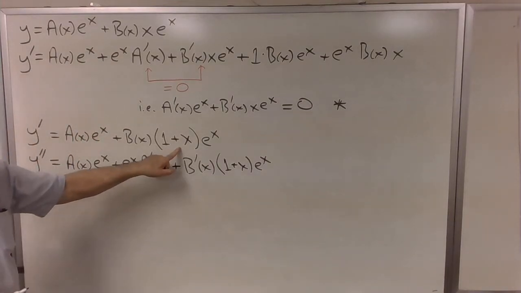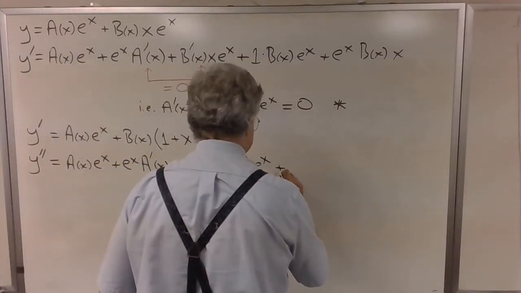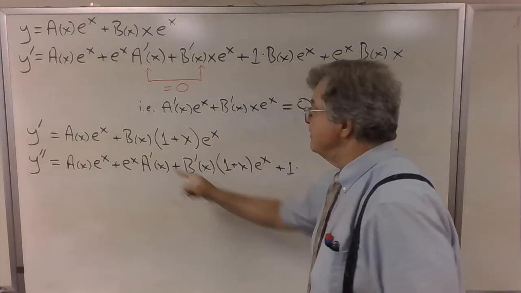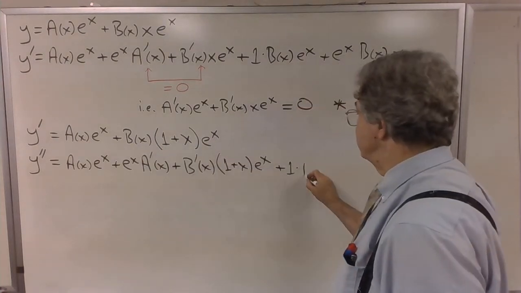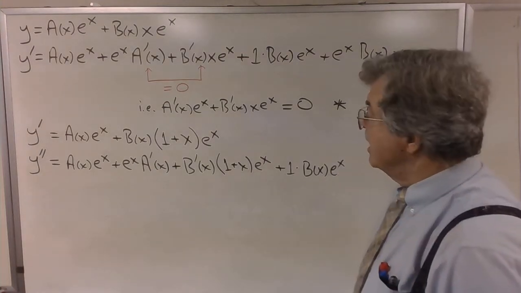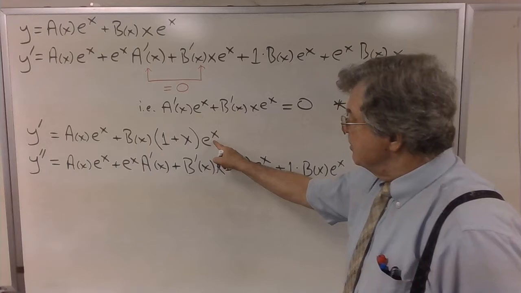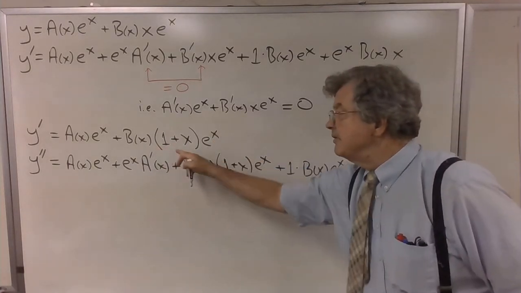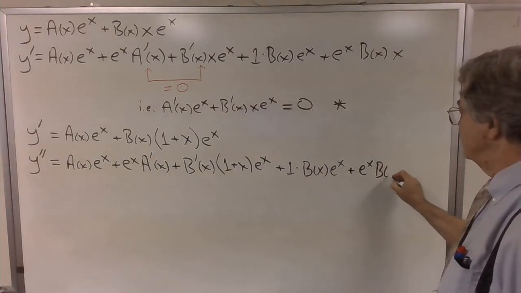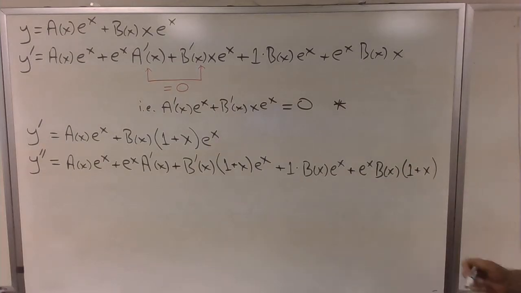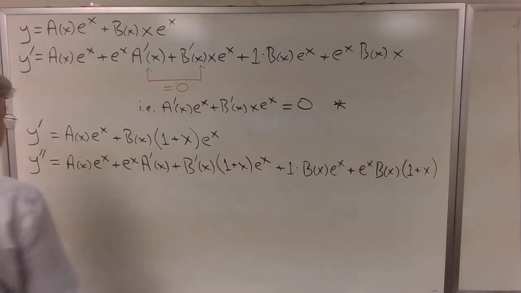Then derivative of the second, that's just 1, times the other two, plus derivative of the third, e to the x, times the other two, b of x, 1 plus x. Okay, that's what our second derivative looks like, and it's a mess.